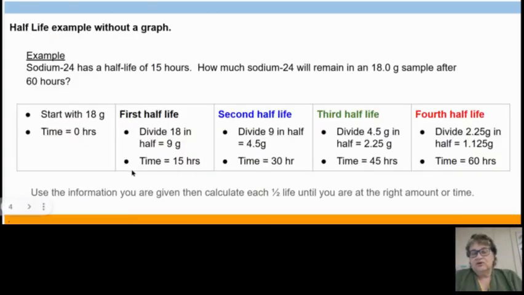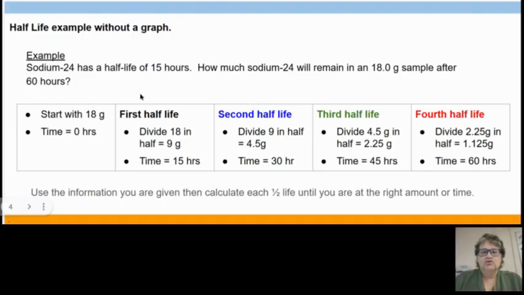Let's say that they don't give you a graph. They just give you some data, right? Here we have data that says sodium-24 has a half-life of 15 hours. How much sodium-24 will remain in an 18-gram sample after 60 hours?